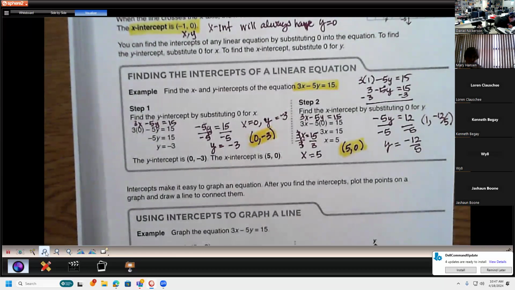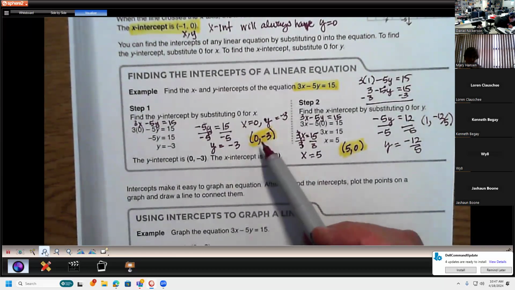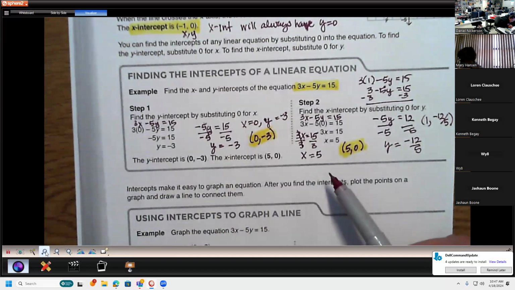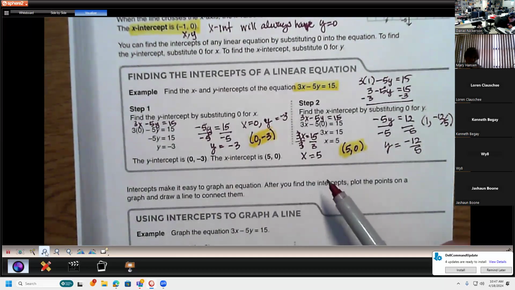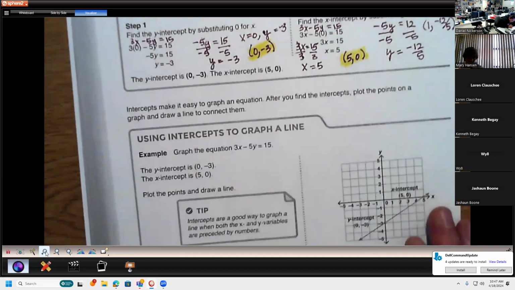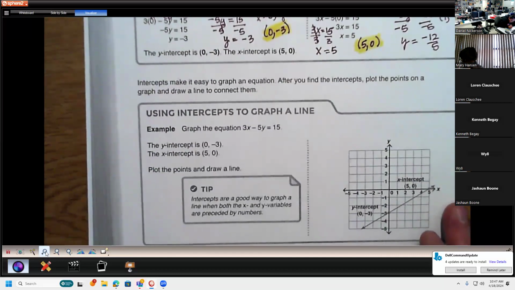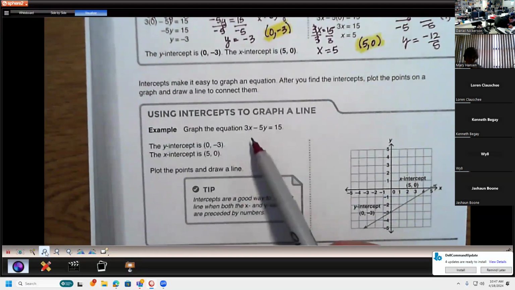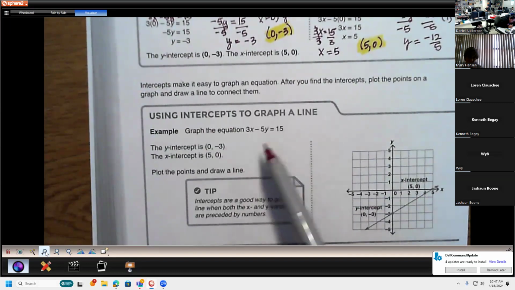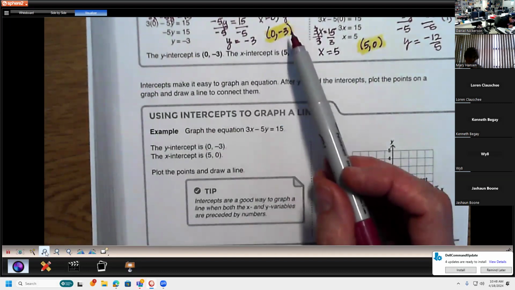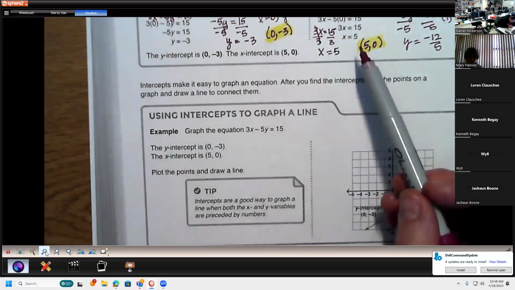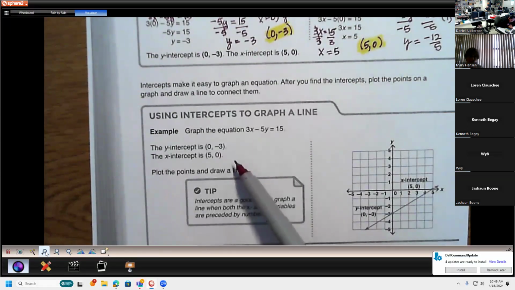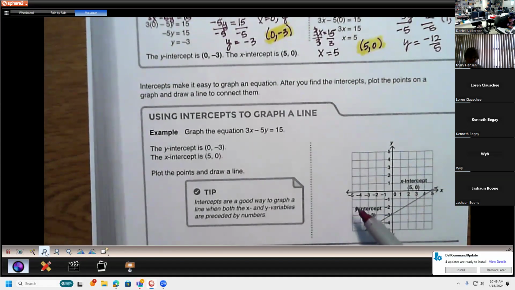Okay. So we're basically finding the intercepts, and then you're able to graph them. And so that is what the bottom part of this is. It's taking now the same equation, 3x minus 5y equals 15. It's taking the 0, negative 3 that we already found and the 5, 0, and it's plotting them.